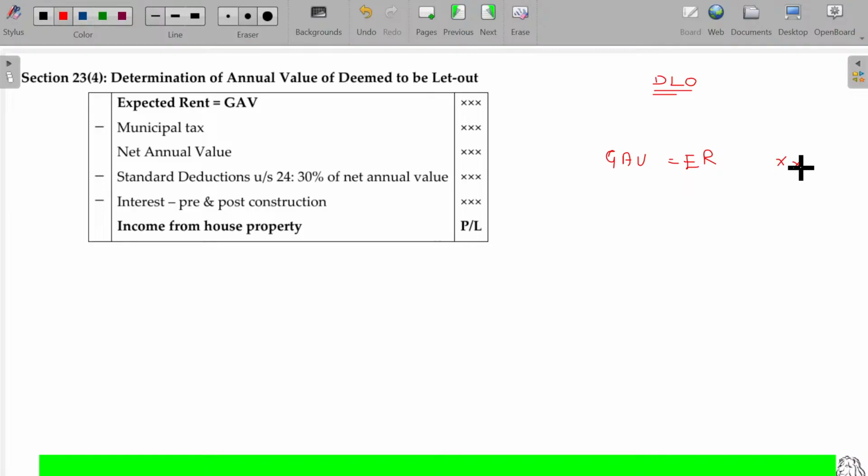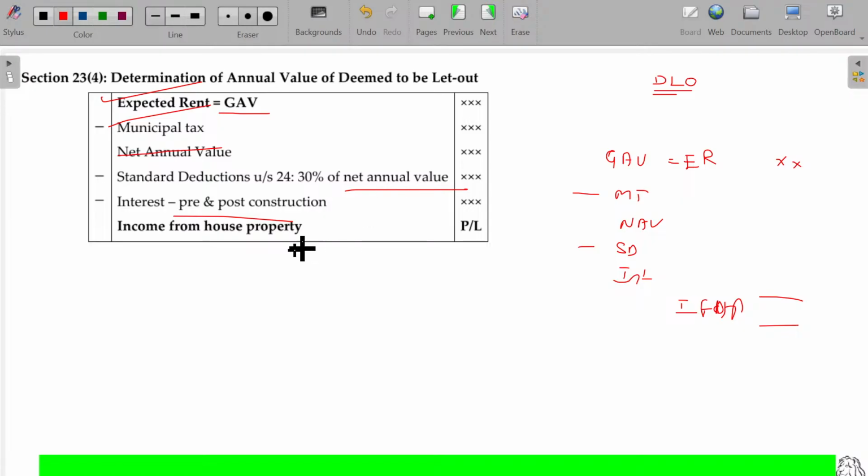From that, all the concepts you follow in case of let out, you can follow. So minus municipal tax, and you will get NAV. From there, standard deduction under section 24(a) at the rate of 30% and interest. So finally, you will get the income from house property. Is that clear? Expected rent will be the GAV, less municipal tax, and NAV. Standard deduction as well as interest will be subtracted.